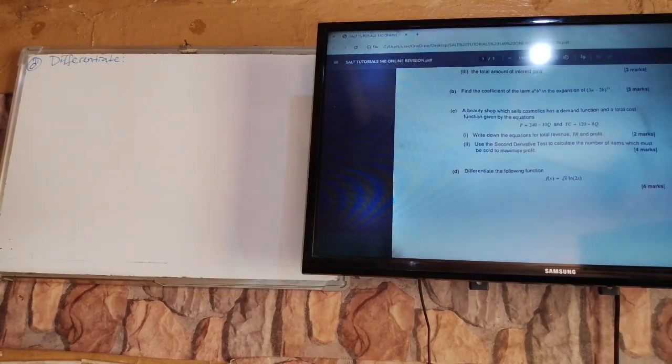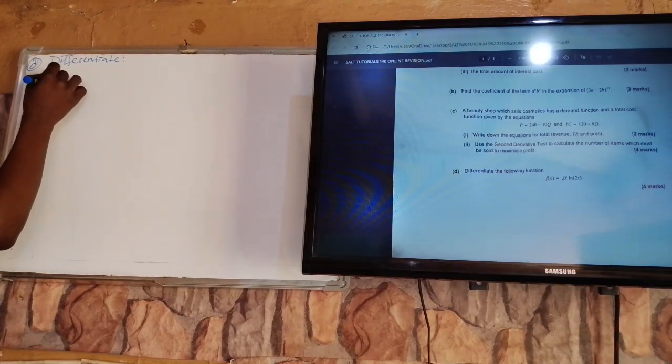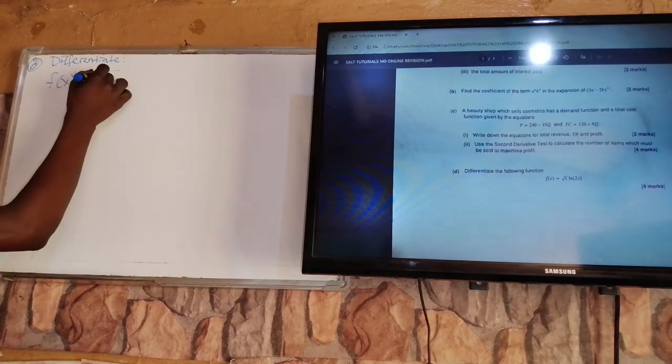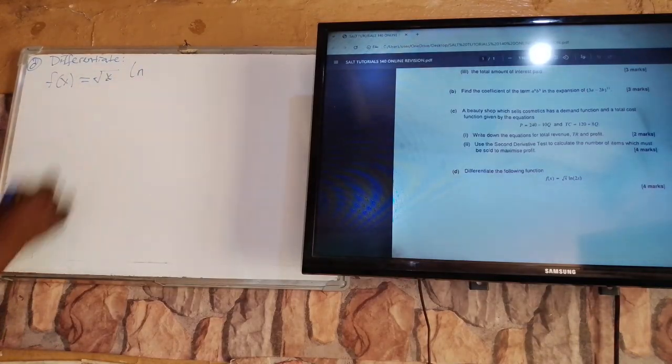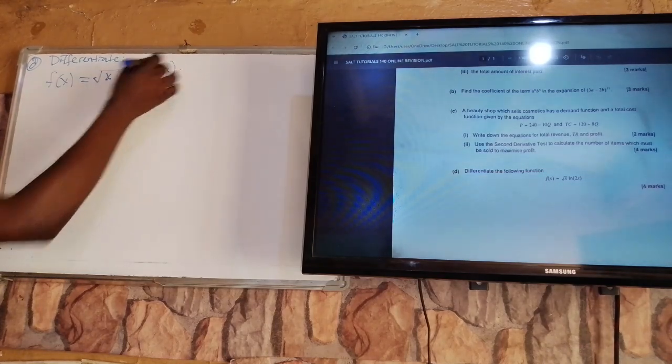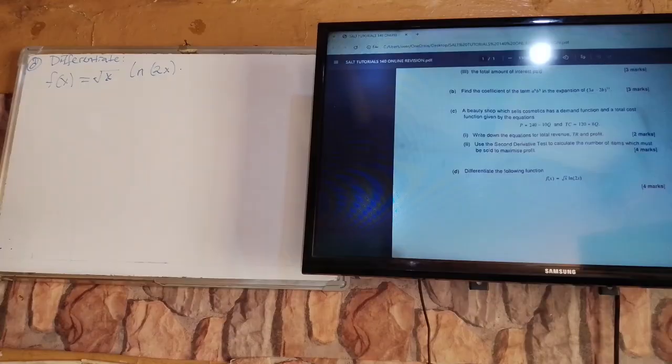So what am I differentiating? f of x is equal to the root of x multiplied by the natural log of 2x. Want to differentiate that function?